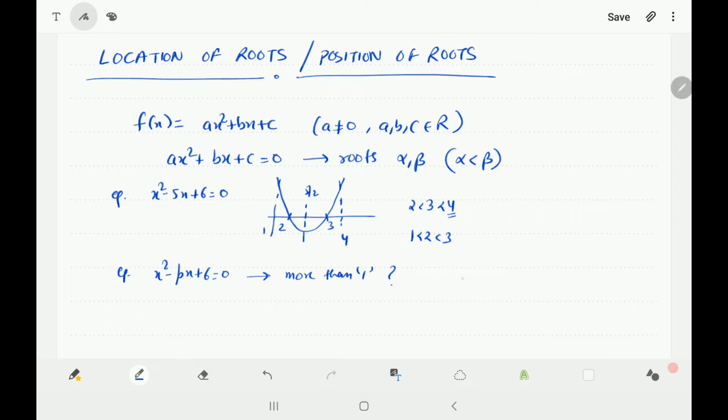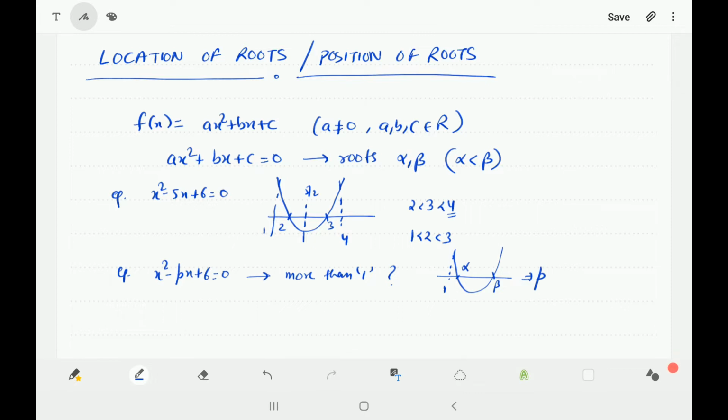So the diagram for this particular problem will be like this, where both the roots are more than 1. Or let's say I consider the roots as alpha, beta, and I'll do some calculations to find the value of p. In this topic, we'll be doing these kinds of problems.